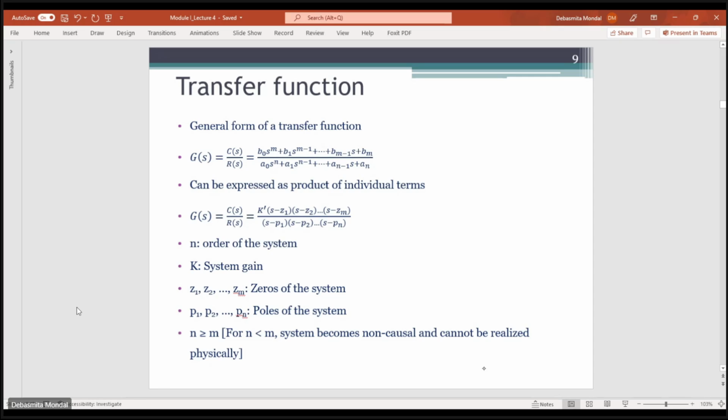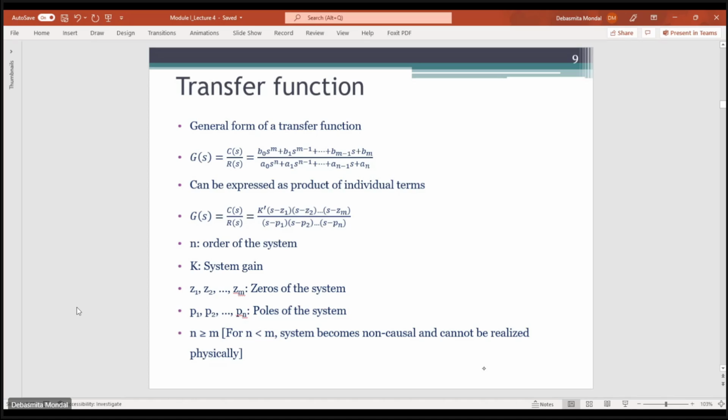In this polynomial form, the numerator polynomial as well as the denominator polynomial can be simplified and expressed as a product of individual terms. The numerator polynomial can be represented by something like k times (s minus z1)(s minus z2) and so on, till (s minus zm).